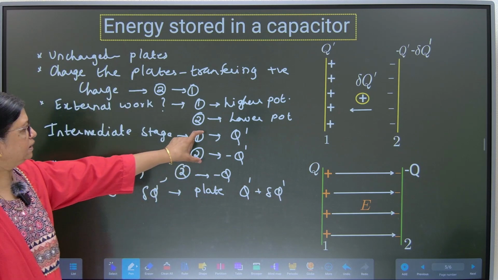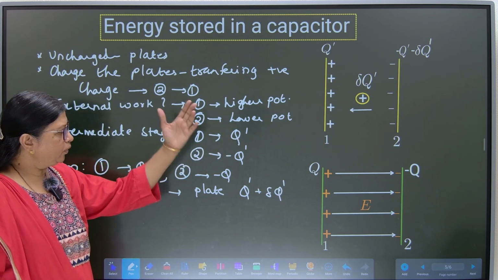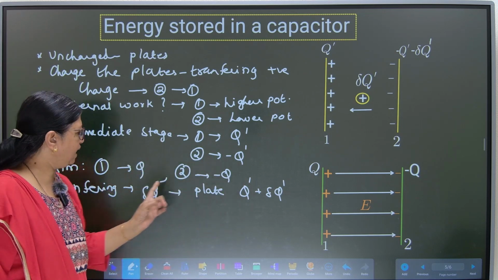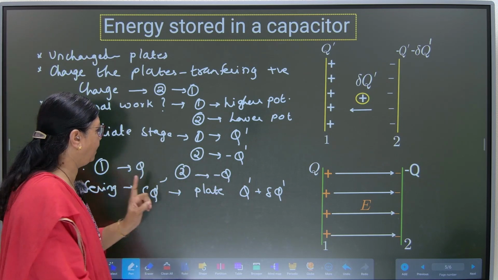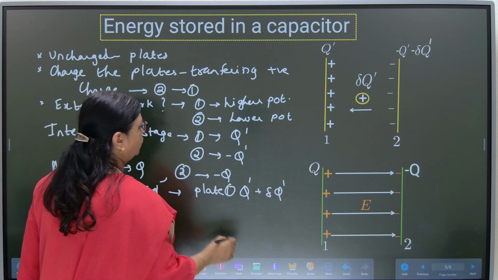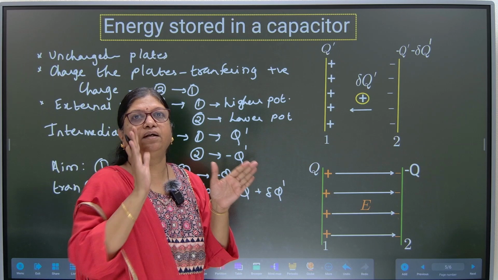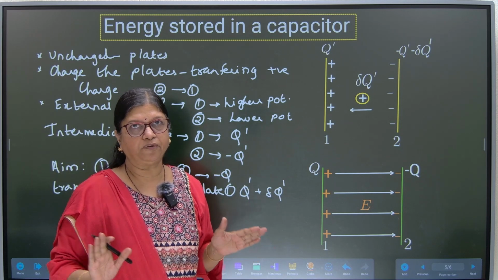Okay, so in this intermediate stage, we have started transferring how much charge? Delta Q dash. The plate 1 has now the charge of Q dash, which it already had, and let it have delta Q dash. Fine.